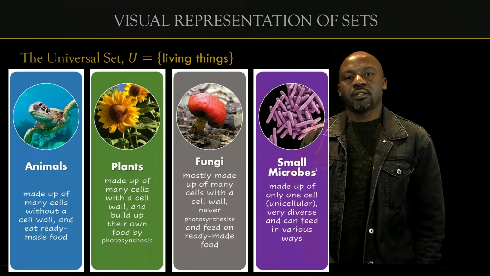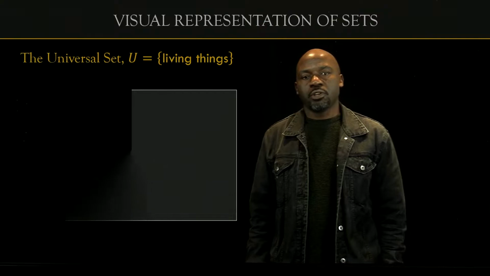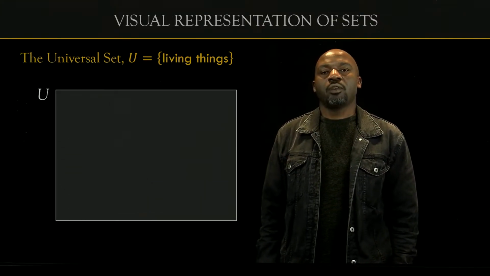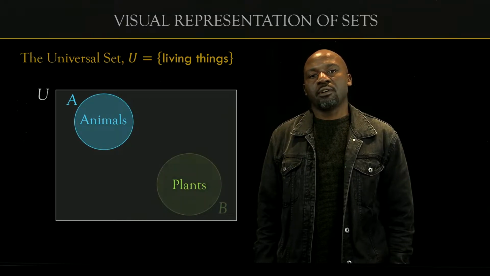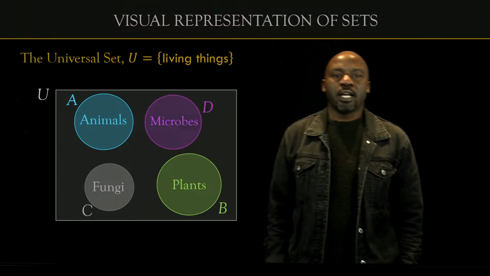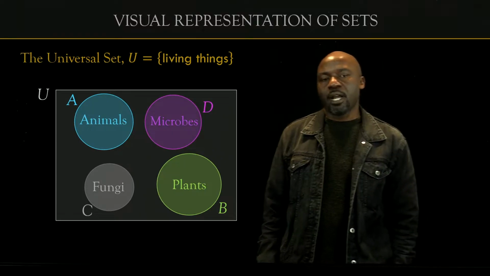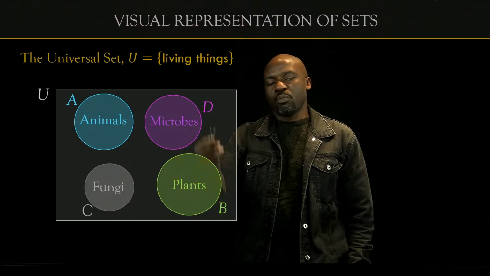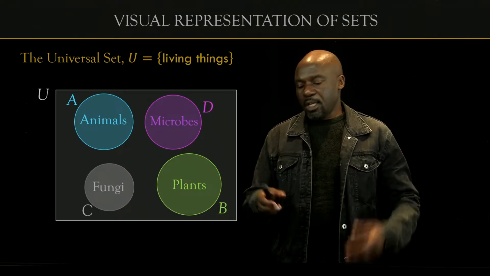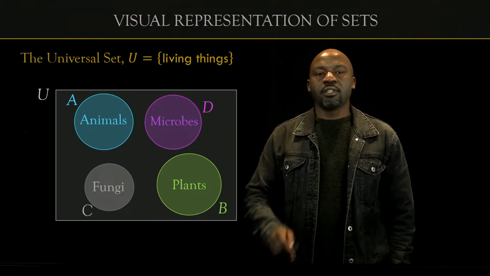We can represent this on a Venn diagram as shown. There are the living things represented by U, and we can place the animals in their own set, plants in their own subset, fungi in their own subset, as well as the microbes. So this would be a Venn diagram that represents living things with all the possible subsets of the living things.